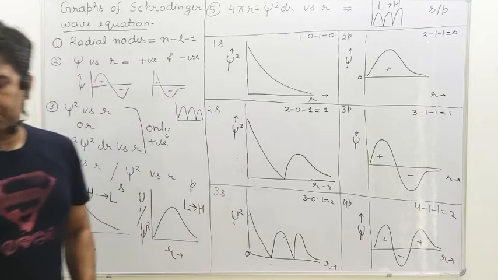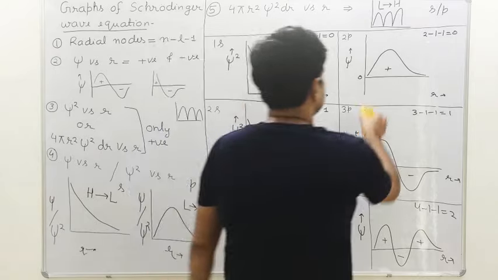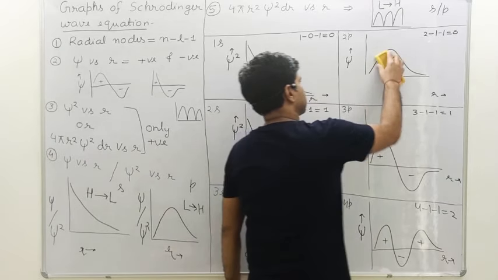Now let's see the graph of p for the psi square versus r.